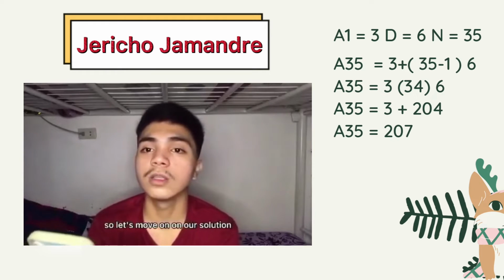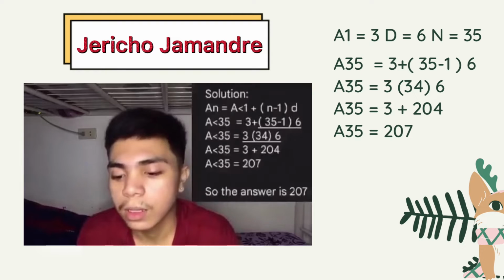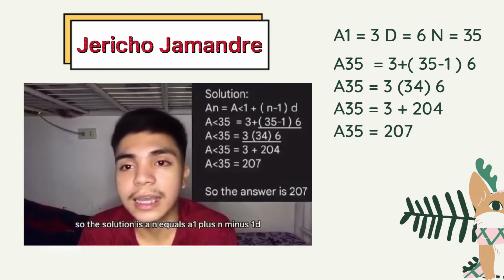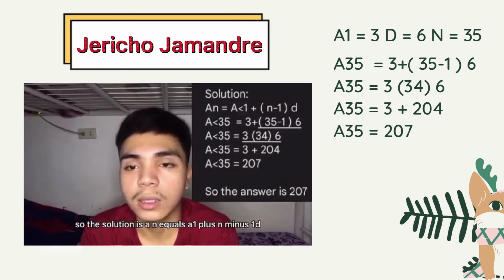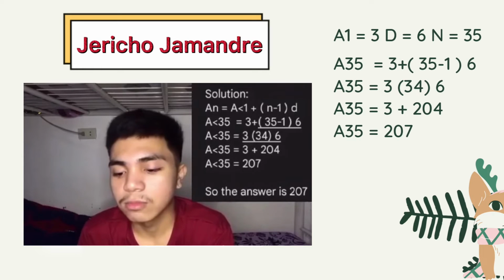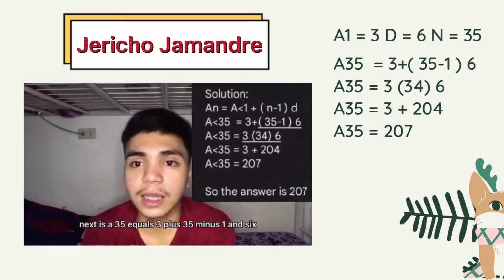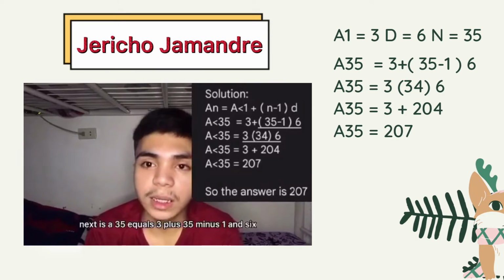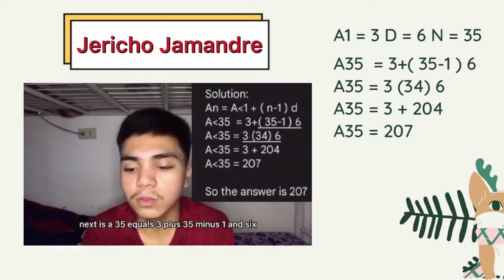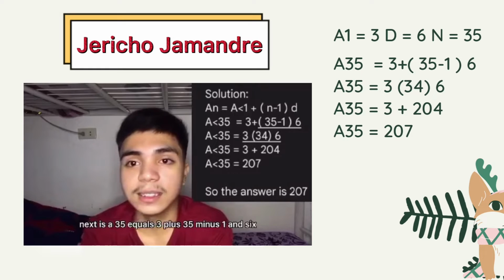So let's move on to our solution. So the solution is an equals a1 plus n minus 1 d. Next is a35 equals 3 plus 35 minus 1 and 6.